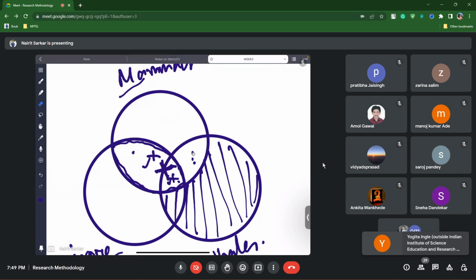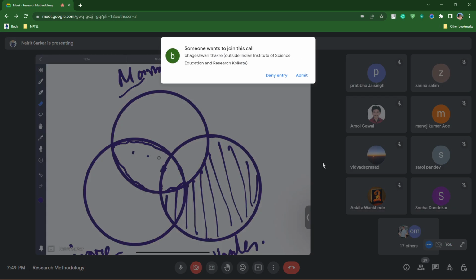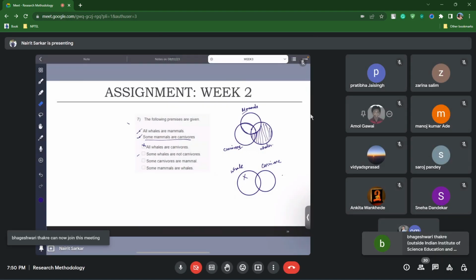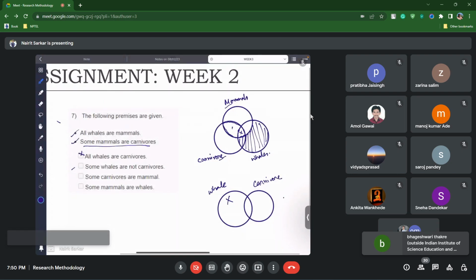Let me just remove this so it is clearer to understand. So we put an X here and here.